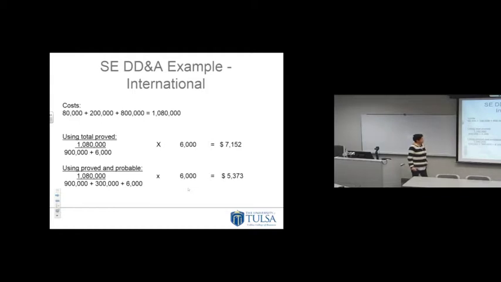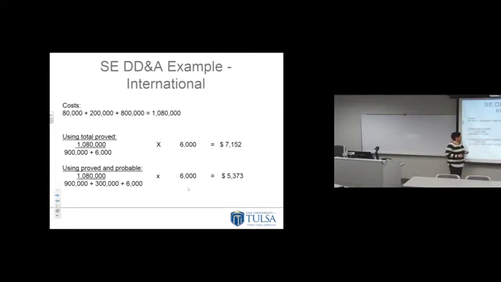Either way, you're going to come up with 5,373. So we'll see that if we use proved and probable, we're writing off less. Well, eventually, everything gets written off. Eventually, we have got to write off our cost. The idea here is that some of these probable reserves are going to be reclassified as proved.